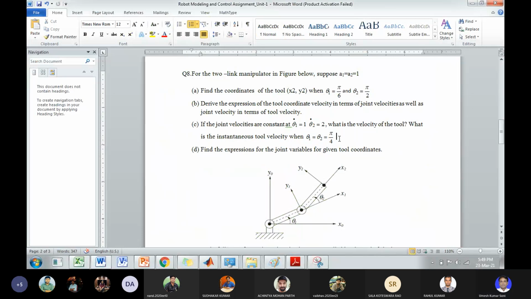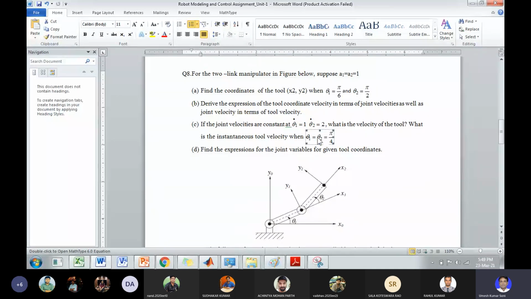Okay, it is saying what is the instantaneous tool velocity. Suppose you have not known theta 1 and theta 2 previously, up to the end of this section of the question, you put only the theta 1 dot and theta 2 dot values. Now you get the tool velocity in terms of theta 1 and theta 2 only, because you have put the constant values 1 and 2.